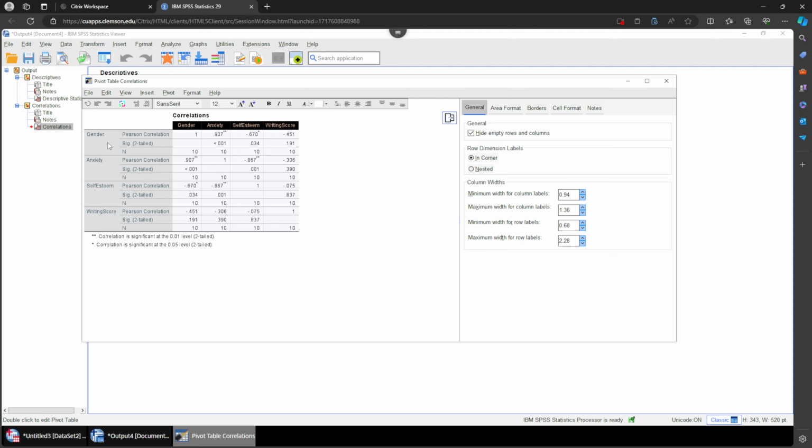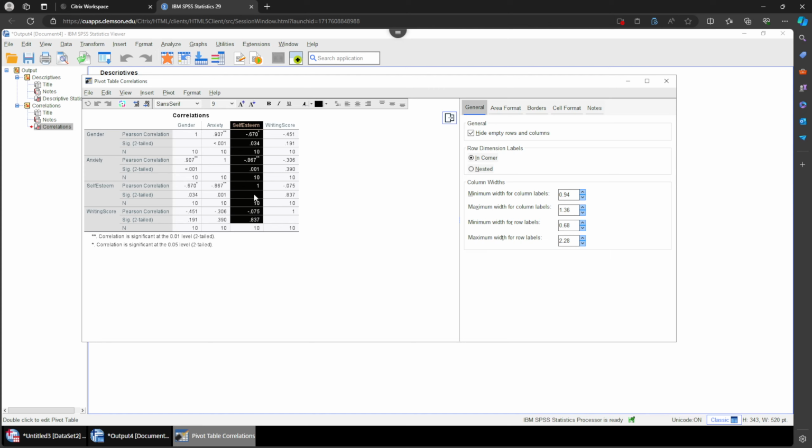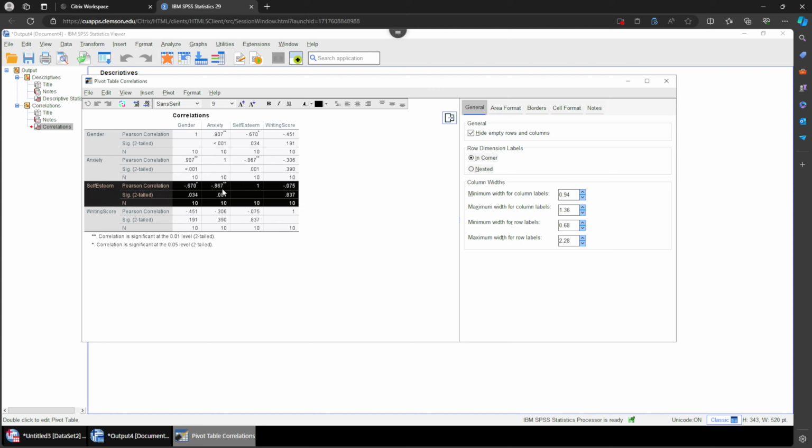So for my first hypothesis, we're looking at anxiety and self-esteem. Where does anxiety intersect self-esteem? And I can find this intersection point right here. Remember, order doesn't matter. So I could also say, where does self-esteem intersect anxiety, and find this point right here.